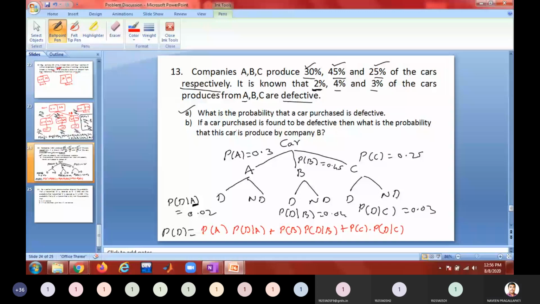The leaf is D. When you are walking along the path, multiply the probabilities. When you are changing the path, add. So what do I have to do?